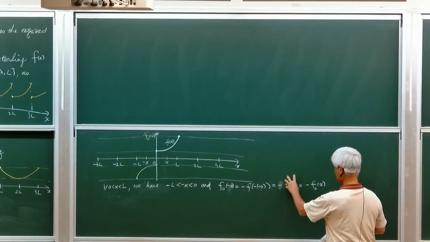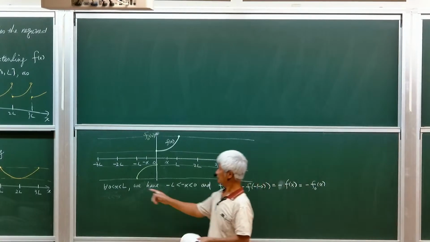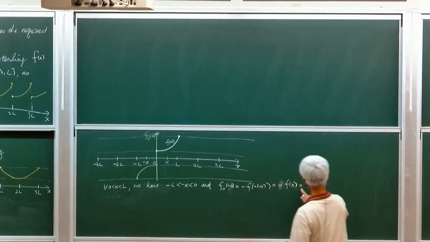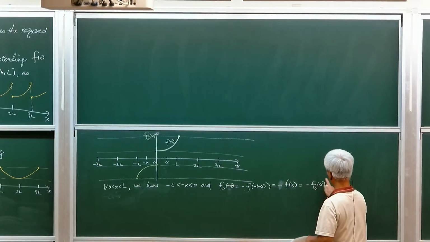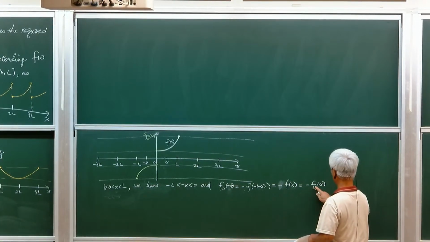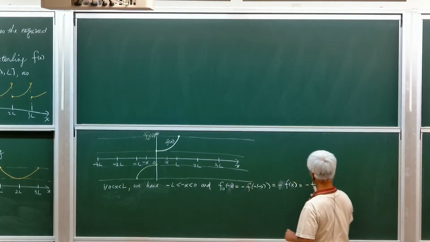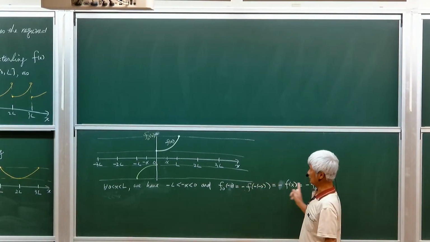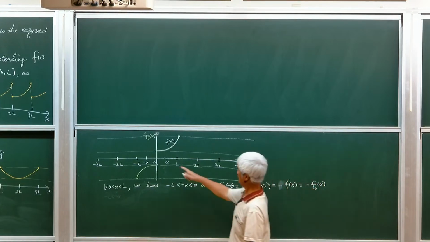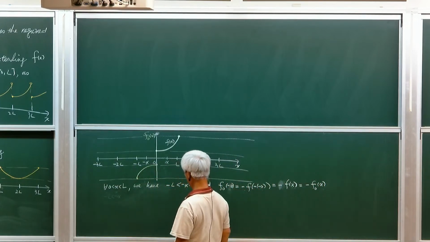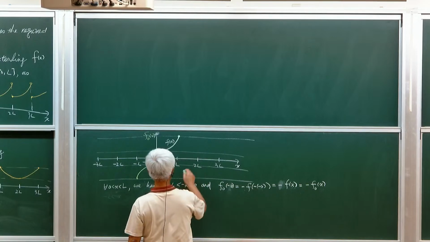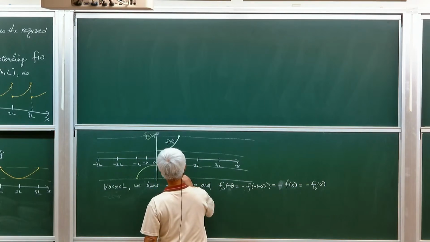But when x is in between 0 and L, then by definition f of x is equal to f sub o of x, and so you can see that this shows you the odd function here. So this is the way, and so the extension becomes odd.